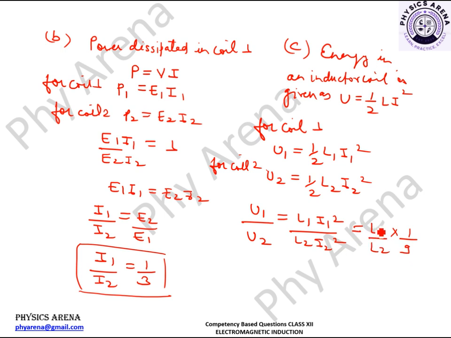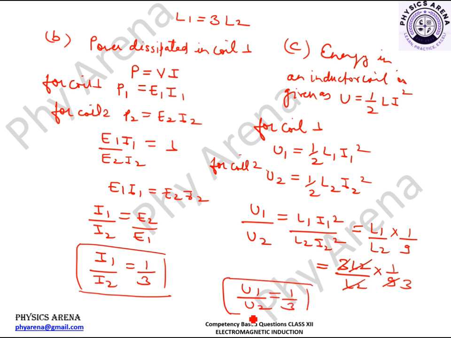And we know that L1 was given to us as equal to 3 times L2. So we can put in place of L1, 3 times L2. So that will be 3 times L2 divided by L2 multiplied by 1 by 9. L2 gets cancelled out with this L2. 3 and 9 we can cancel. And the ratio of energy stored in the two coils has come out to be 1 by 3.